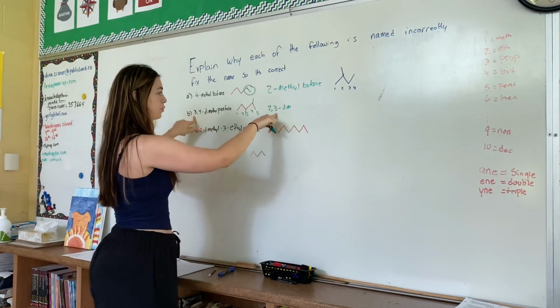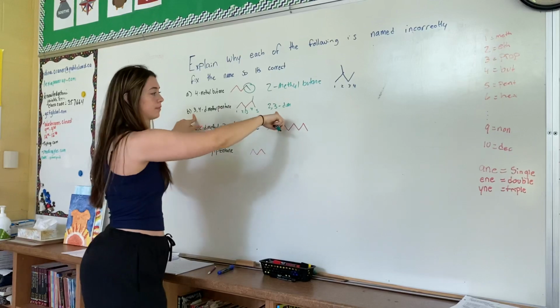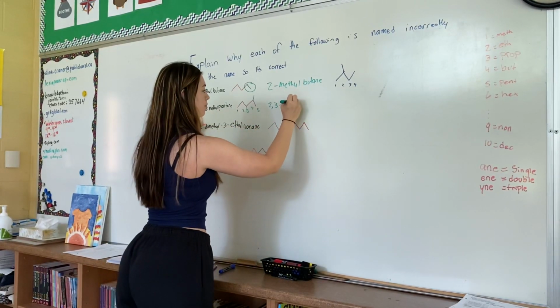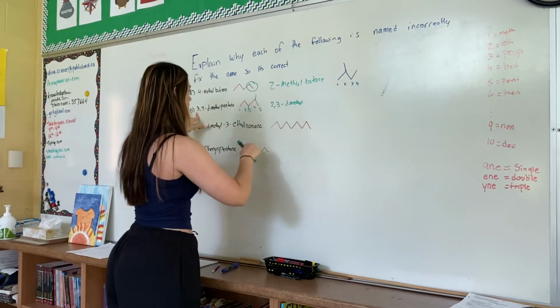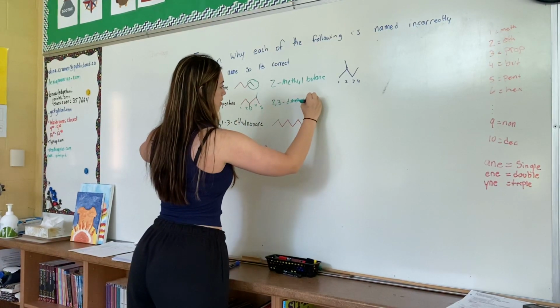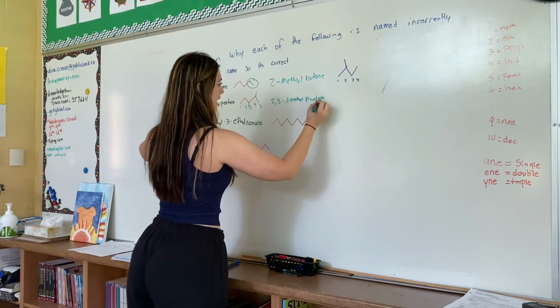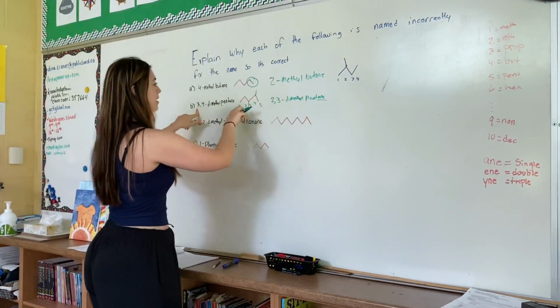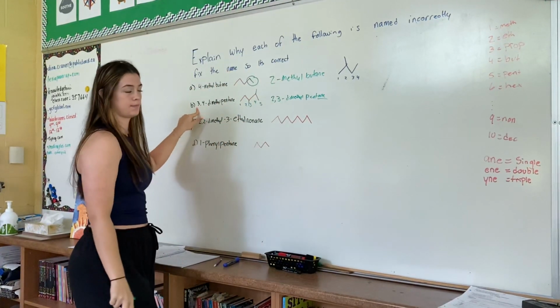So really, this name should be 2,3, because we want it at our lowest possible. Dimethyl, because there's 2 methyls, and because it's a pentane, we finish it with pentane. And again, it's ANE because it's only single bonds.